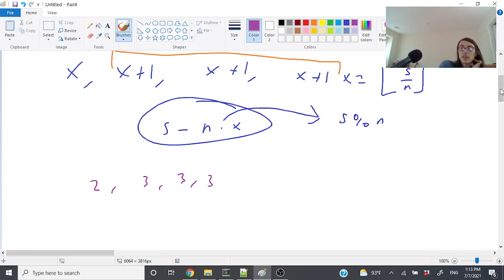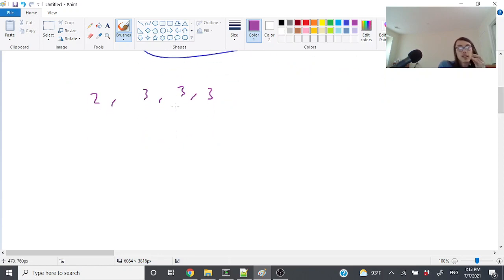But instead, maybe one of these 3s is a 2 instead. So we have a 2, a 2, a 3, and then 1. Well, we have to have some number that's larger than 3, because otherwise the sum wouldn't be S. So if some number is too small, then some other number is too high.